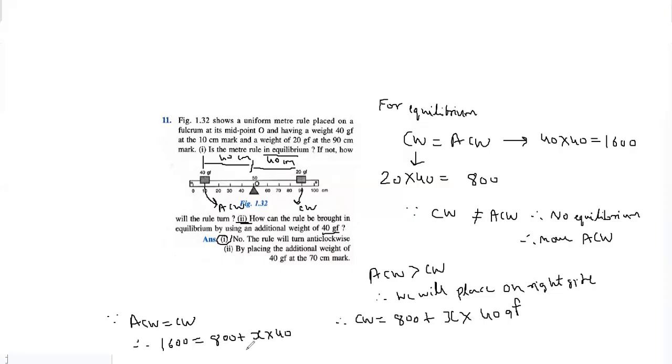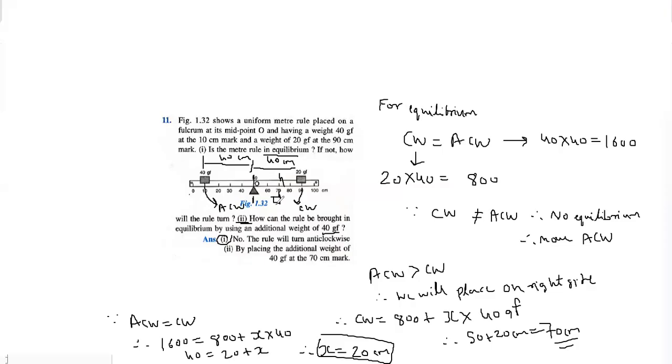So when we divide everything by 40, we'll get 40 equals 20 plus X, and therefore X comes out to be 20 centimeters. So where will we be placing the additional weight of 40 GF? Because we started from O, from 50 it is 20 centimeters, so 50 plus 20, it would be at the 70 centimeter mark on the ruler, which is 20 centimeters from the fulcrum on the right side. So we will place it here.